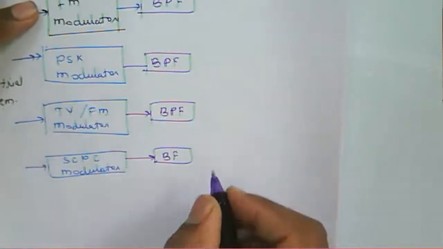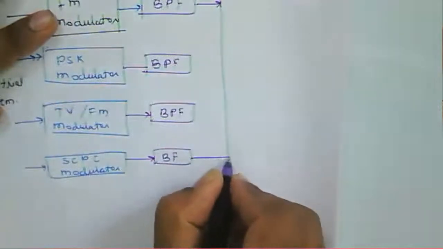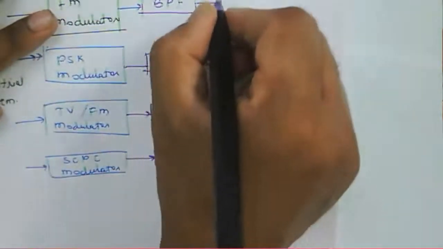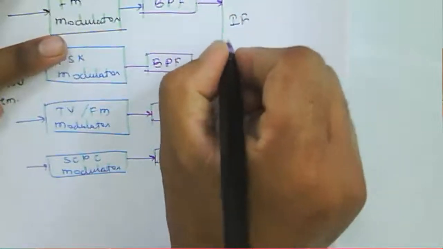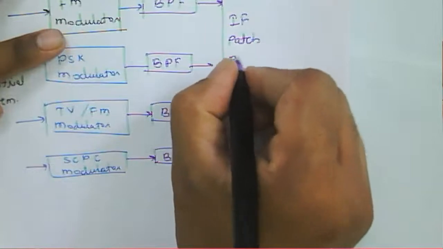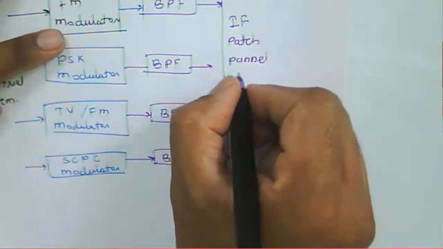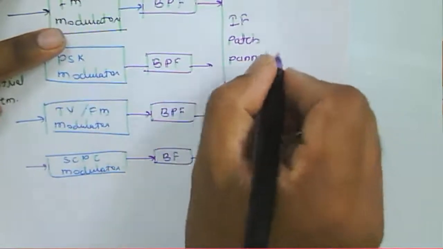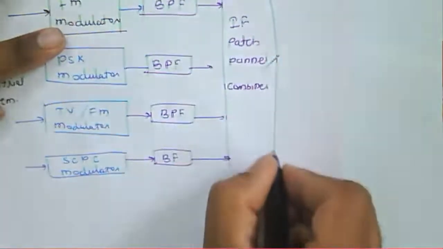This one is the input. And then all these IF signals are combined here. So we can say we have the IF patch panel, or the IF combiner.